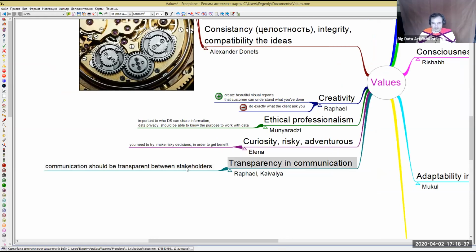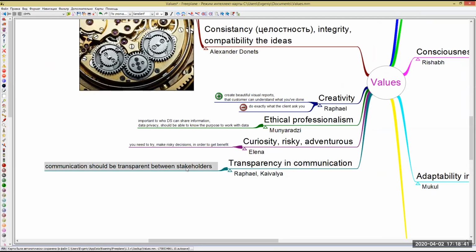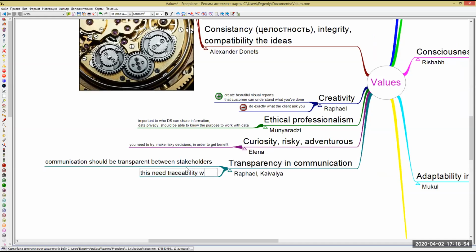For there to be transparency, there is some need of traceability. So if you are communicating, you should be able to trace from which communication channel you received some form of information.